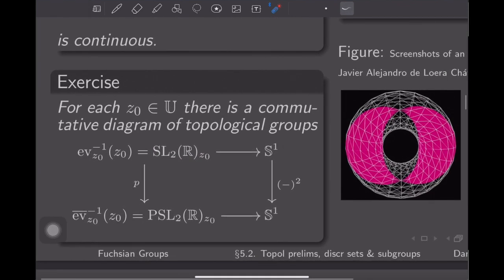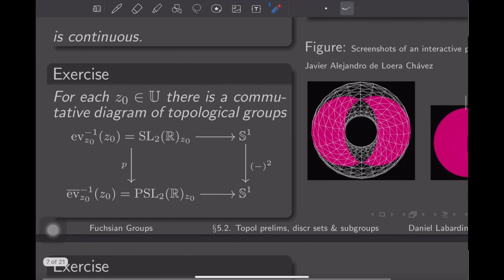This is all those matrices in SL2R that have this Z naught in U as fixed point. But being in U, this means that all the elements different from the identity, the corresponding Mobius transformations have to be elliptic.